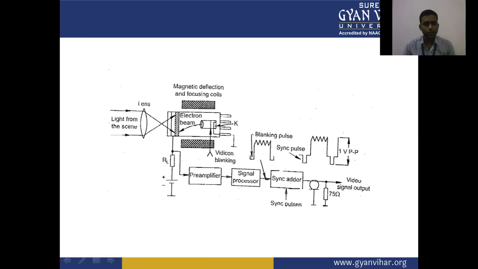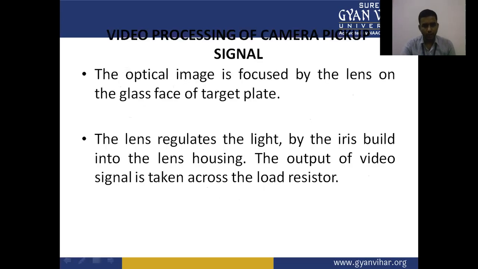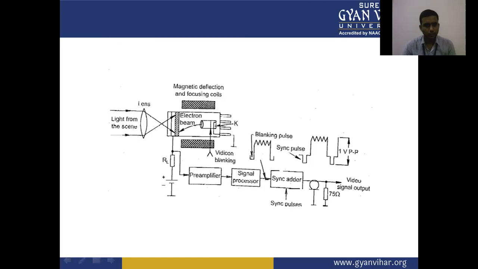The light from the scene is focused by the lens, which produces a light signal passed onto the glass plate or target plate, and the cathode gun produces the electron beam.